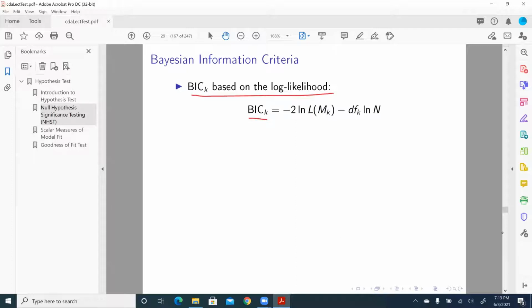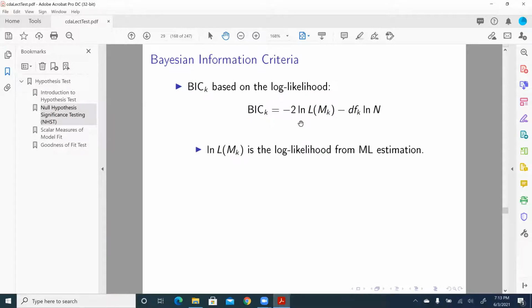The BIC for model M_k is -2 multiplied by log likelihood, plus the degrees of freedom multiplied by the log of the sample size, N. And here log L(M_k) is the log likelihood from ML estimation. And the degree of freedom is basically the total number of cases minus the number of parameters in this model. So it's basically the number of observations exceeding the number of parameters.